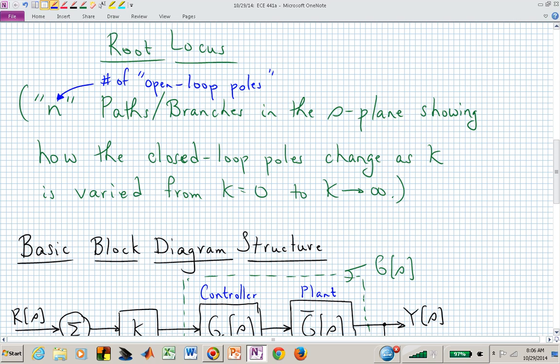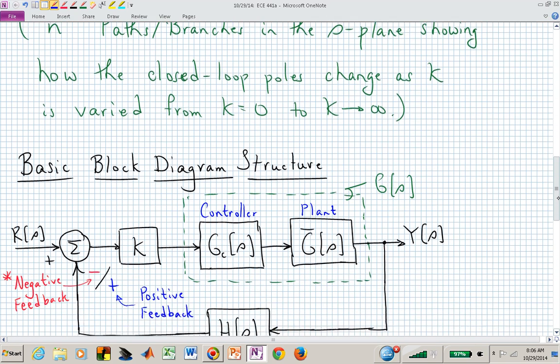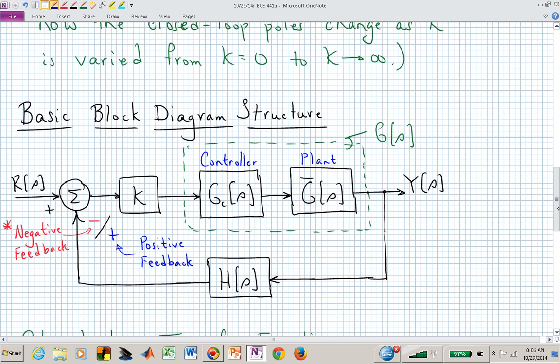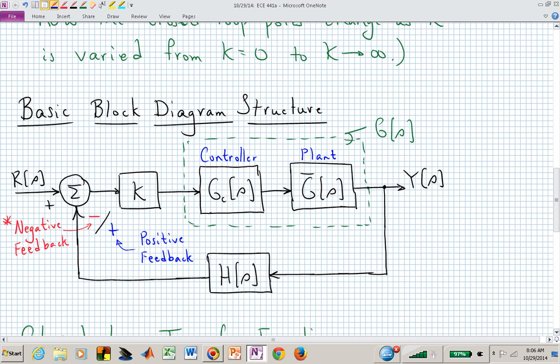And the open loop poles refer to how many poles we have in our plant, G, how many poles we have in our controller, G sub C, and how many poles we have in maybe the feedback path, which we are labeling H. And we want to know, how do the closed loop poles migrate around in the S-plane? And it's a nice pattern.